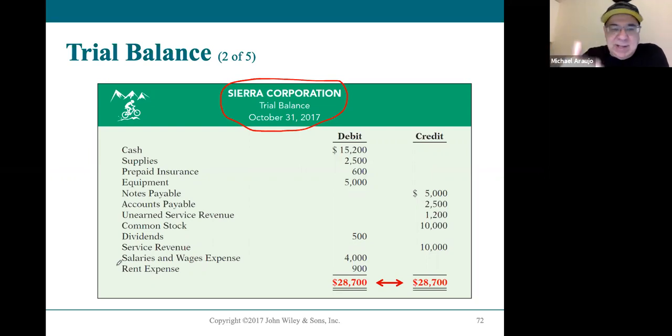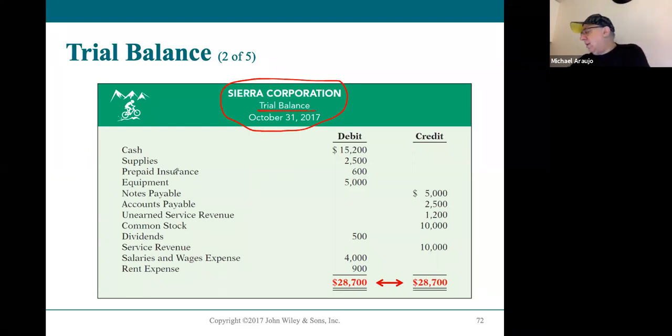As you see them listed, assets, liabilities, stockholders' equity accounts ending in dividends, revenue and expense accounts, that's how they'll be listed in the ledger. That's how they're listed in the trial balance, because the trial balance information comes right from the ledger. This is on page 119, by the way.